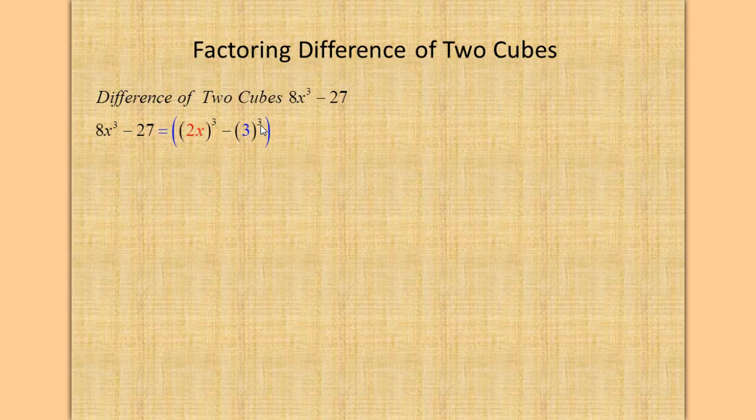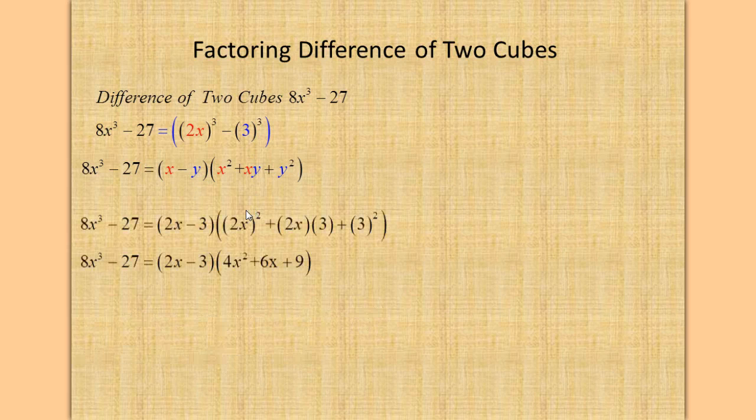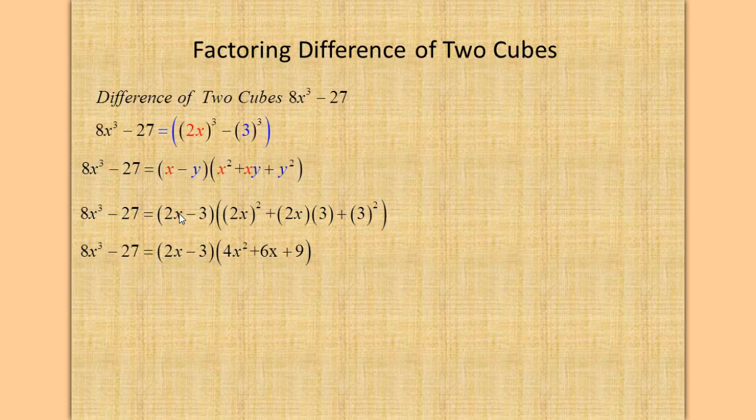And 3 raised to the power of 3 is 27. So we've written that as a difference of two cubes. Now we apply our formula. What is x? x is 2x. What is y? y is 3. So all we do is plug in 2x for x and 3 for y, and we have our difference of two cubes factored.